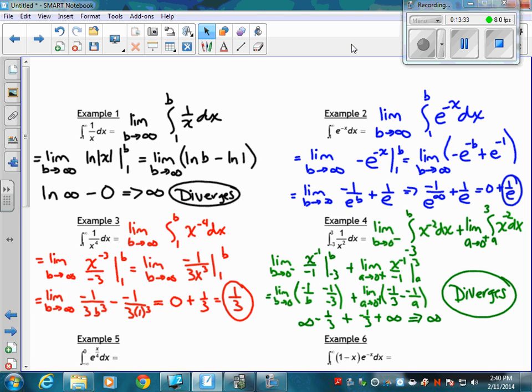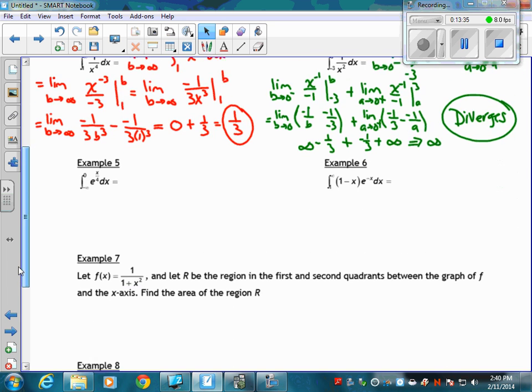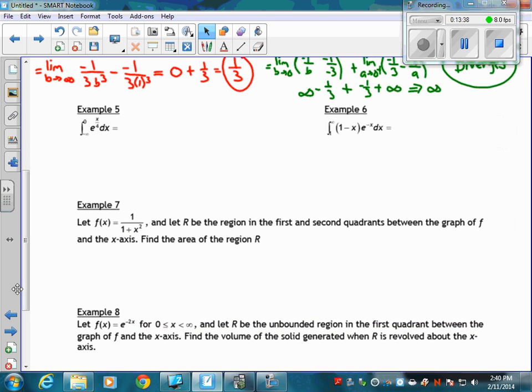So moving on to example 5. Example 5 is the same as the first style that we did. So example 5 is just going to be the limit as a approaches -infinity of the integral from a to 0 of e to the x over 4.